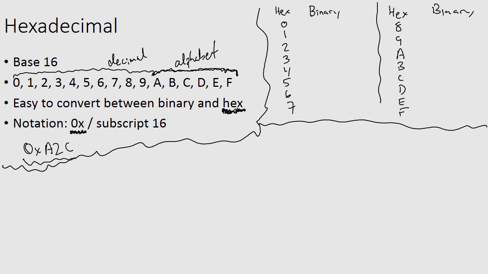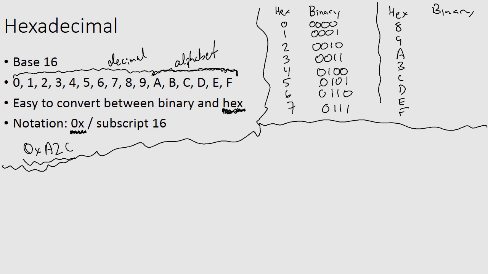So for 0, that is simply 0, 0, 0, 0, the same as decimal. For 1, it's 0, 0, 0, 1, and for 2 it's 0, 0, 1, 0. And as you see, there is somewhat of a pattern. It's the same all the way up to 7. It's the same as octal. So 0, 1, 0, 0, 1, 0, 1, 0, 1, 1, 0, and 0, 1, 1, 1 for 4, 5, 6, and 7.